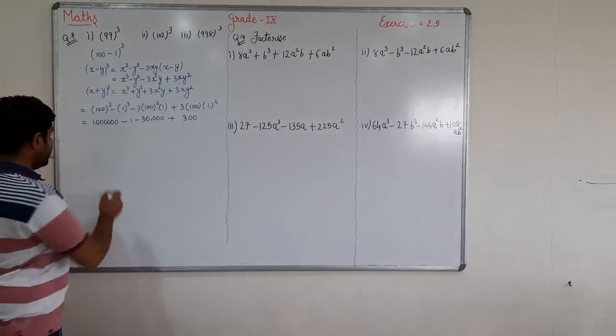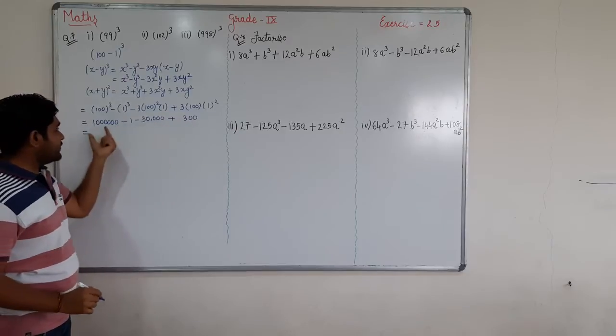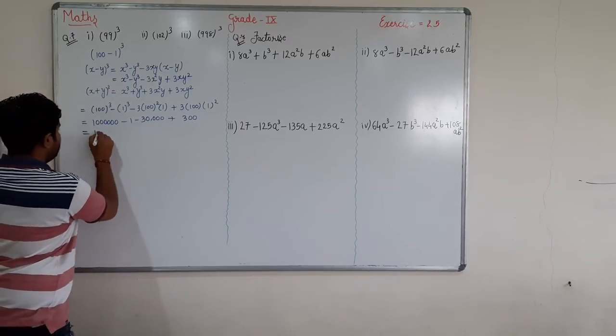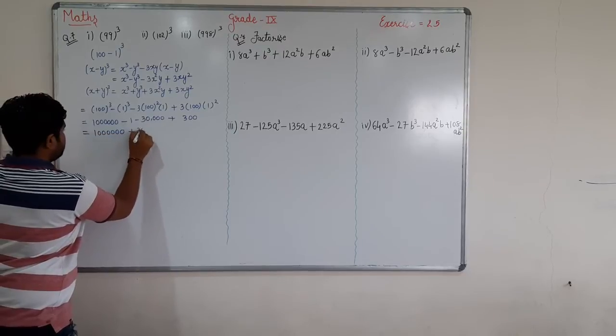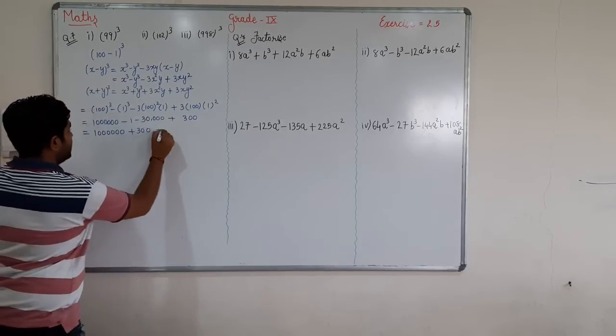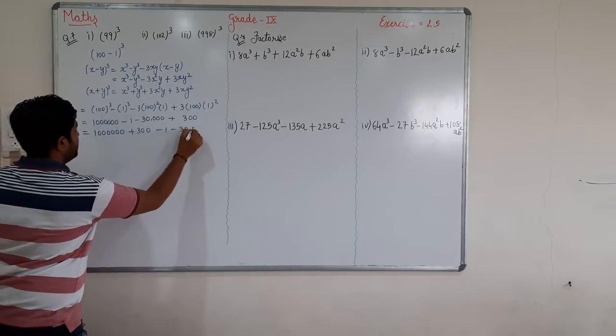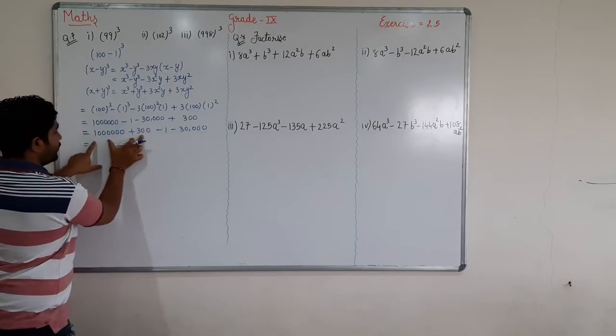Now just simplify all this. This one is plus and this one is plus, so take them together. These both are minus. Minus 1 plus 30,000. Now just add these both.